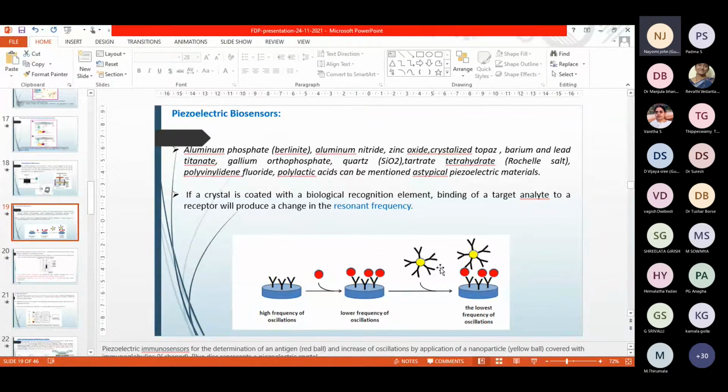Here they have even used nanoparticles labeled with antibodies acting as a secondary means for the same antigen, with the antibodies bound onto the nanomaterials. Again, there is a change in the frequency of oscillations. All these changes would be detected and transduced, meaning transformed into a detectable signal in the biosensor.